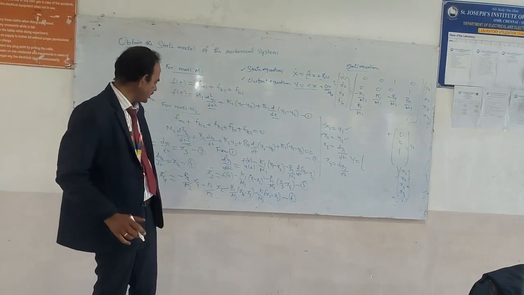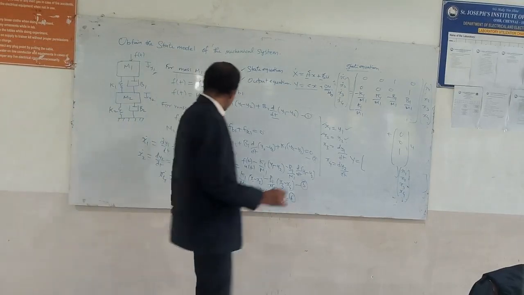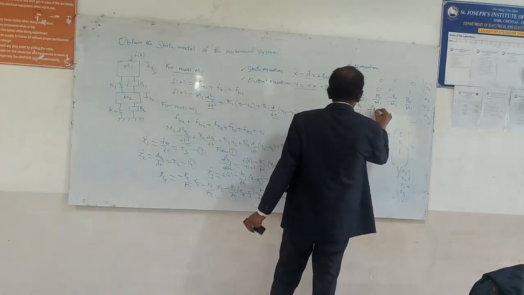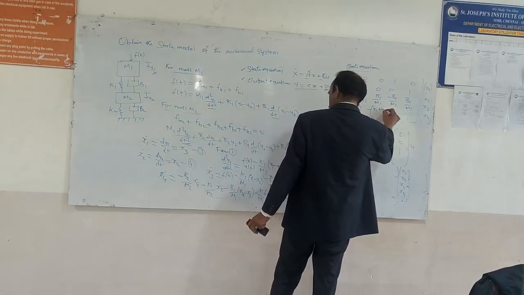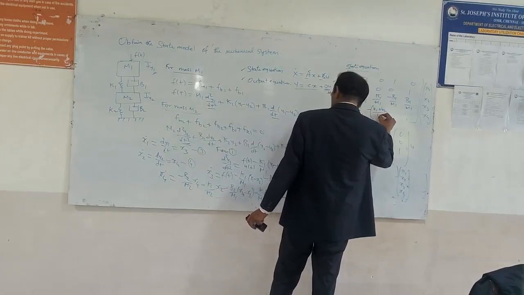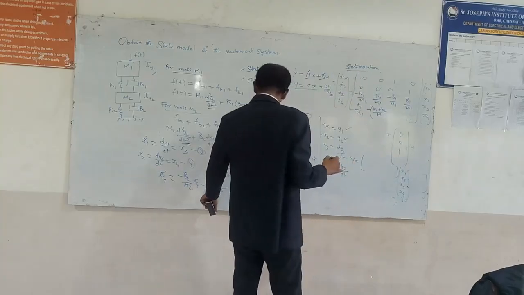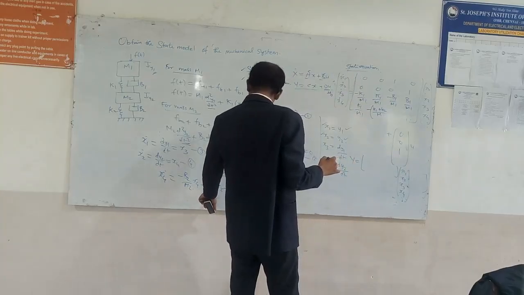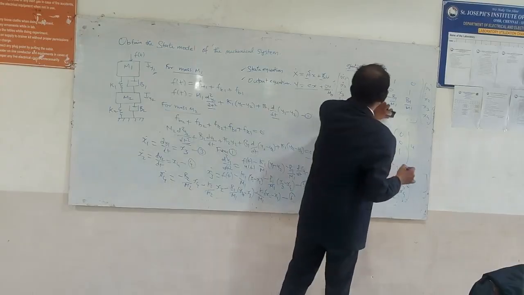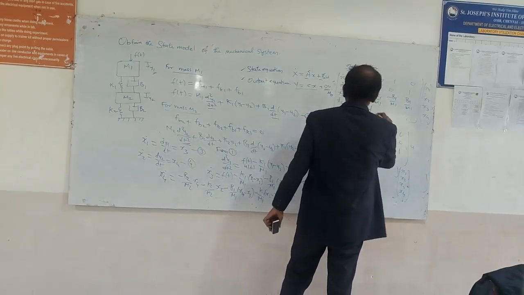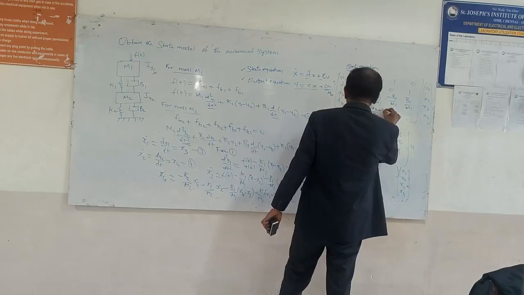If we take the minus outside, it is minus of (k1 plus k2) by m1. Hmm, x2 coefficient is minus k2 by m2 plus k1 by m1.